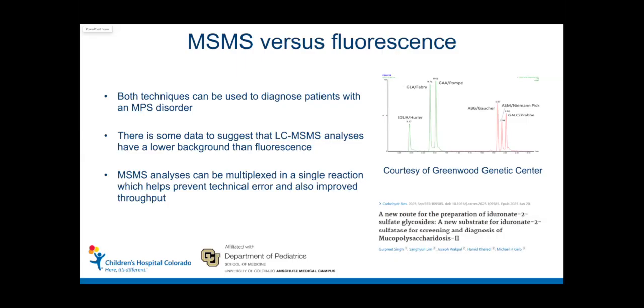We think about this as sort of static: these substrates and analytical methods are out there, and they're not really changing. But I do want to point out that Mike Gelb's group, and you're going to hear his name a lot, has, I don't want to say single-handedly, but almost, carried the flag for newborn screening of lysosomal diseases and this concept of using enzyme analysis and tandem mass spectrometry to do newborn screening for these conditions.